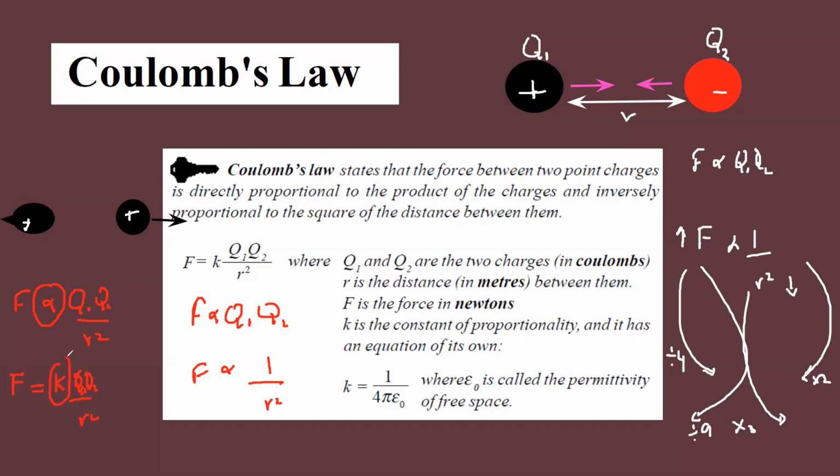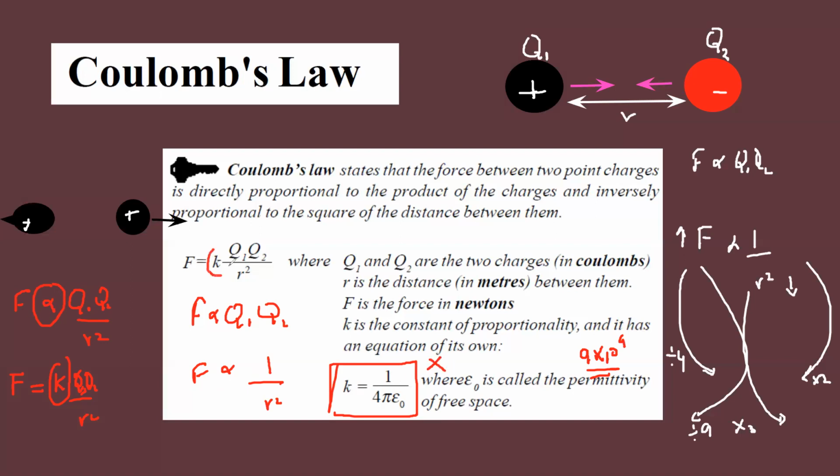What is the value of K? The value of K is 9 × 10^9. This is the proportionality constant for the equation. The formula to get K is 1 over 4 pi epsilon, but in your course outline, you will not discuss this formula, so you don't have to bother about it.